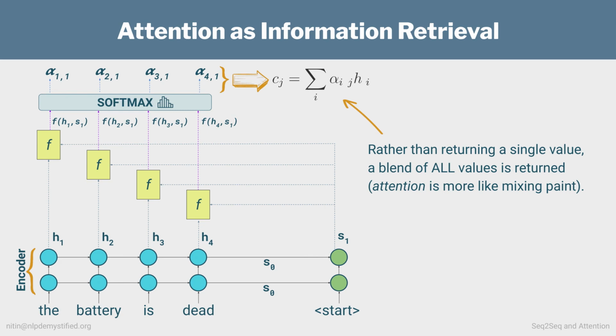Instead, the query results in a particular blend of all the encoder information, sort of like mixing paint. Attention can be viewed as a fuzzy lookup dictionary that learns to boost certain encoder states and dampen others based on the query. And I want you to keep this in mind because this idea is so powerful that it became a key component of the transformer, a breakthrough model architecture that changed everything, and we'll learn all about it next.